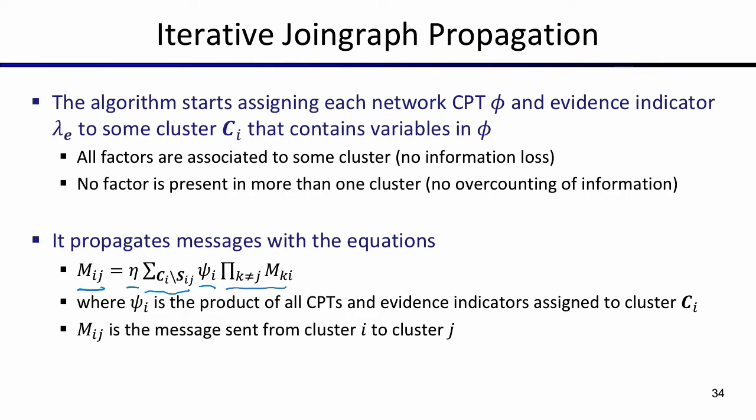But, and that is very important, we do not multiply the message that we received from J when we make a message from I to J, right? So this message should include everything, but it cannot include the message that came from J. All right, so now we are in position to take a look at the algorithm. Let's do that in the next slide.